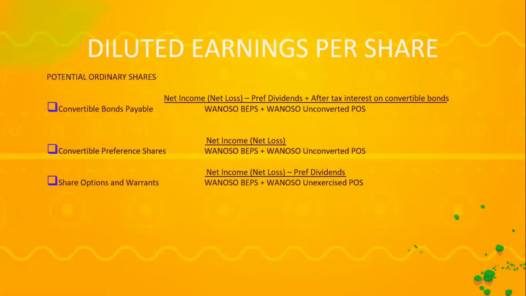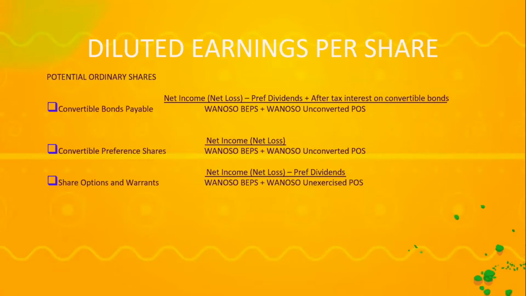So if all were converted, we have no preferred dividends to pay. Imagine, preference shares were issued, but in calculating the diluted earnings per share, we are taking out the effect of the transaction.